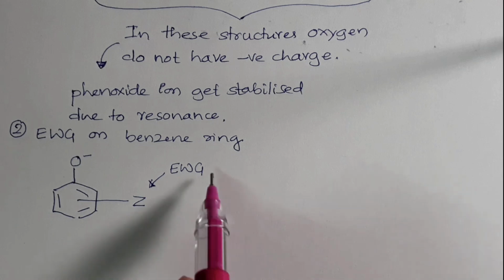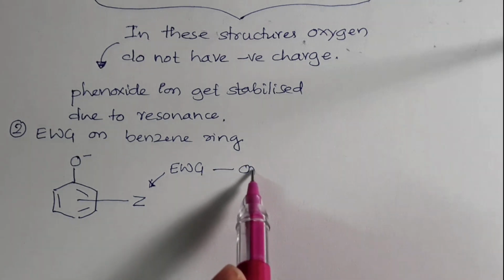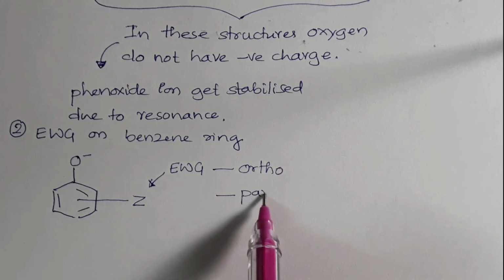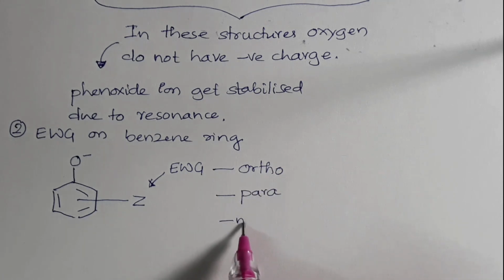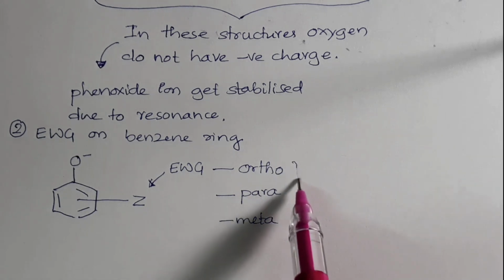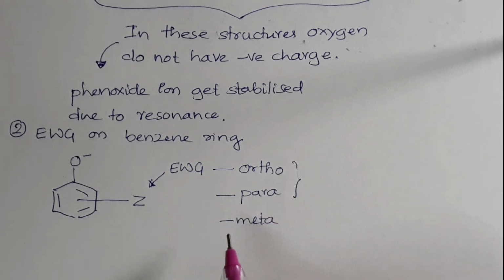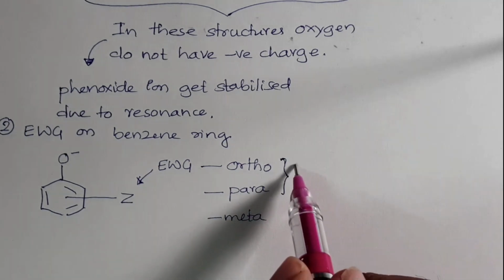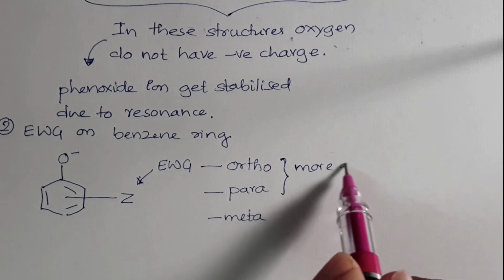This Z may be present at the ortho position, para position, or at the meta position. Okay, you should remember that ortho and para positions are there. You can say that the effect is more, the effect will be there.